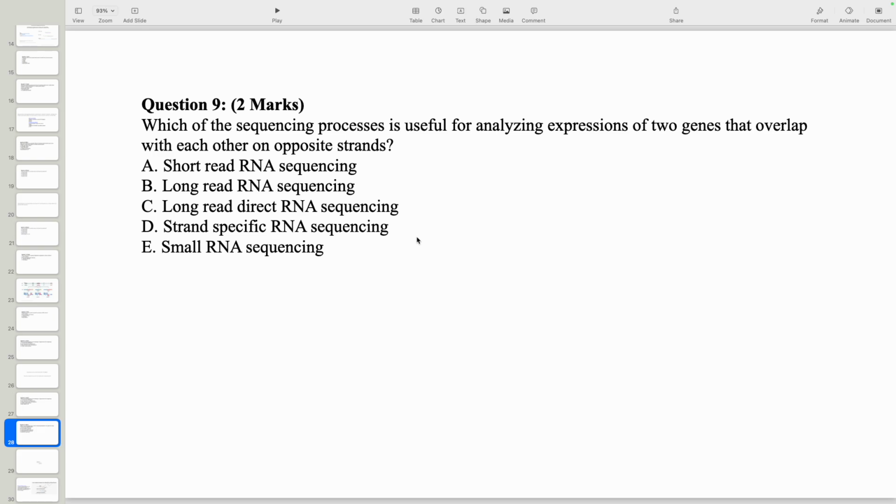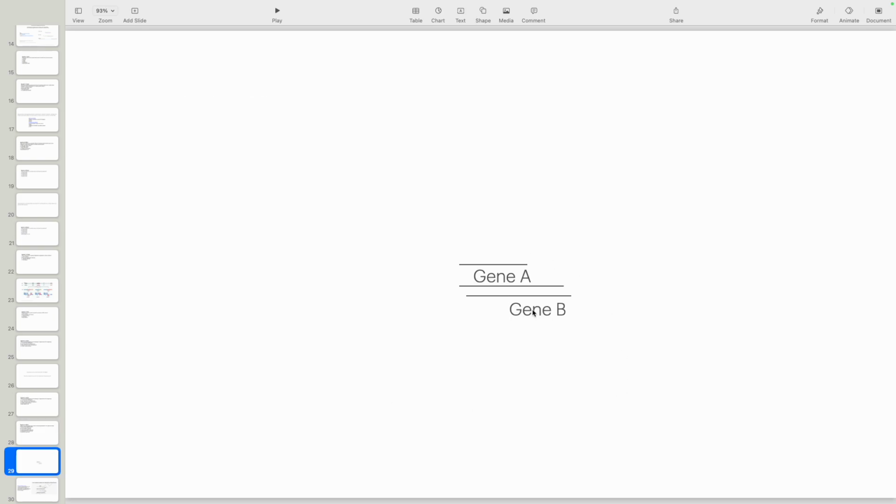So I think now this question should be self-explanatory if you go through these options. For this kind of data, we will be doing strand specific RNA sequencing, because we cannot rely on paired-end sequencing here for both the strands altogether, because here we can over quantify our read depth for one of the genes, because the genes are overlapping and they are on different strands.